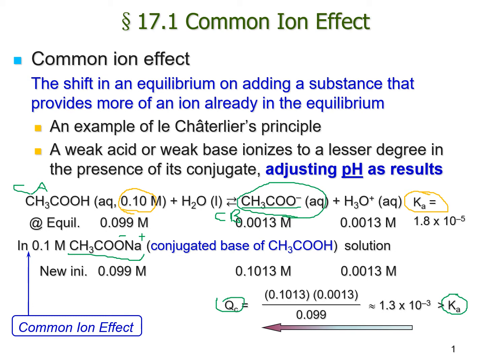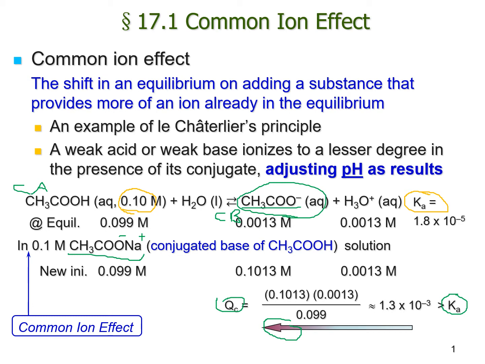So if we put a weak acid solution into a solution of its conjugate base, not only do we see that it causes less dissociation of the weak acid, because we understand equilibrium has a shift to the left, shift to the left means there's going to be less dissociation of the acid.